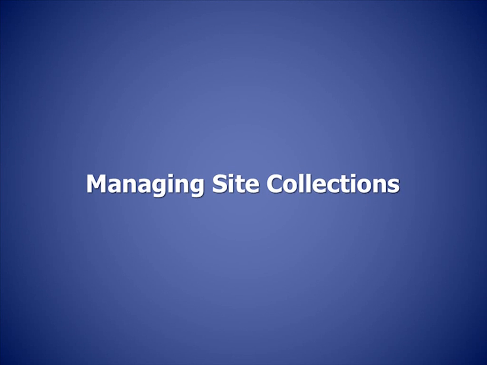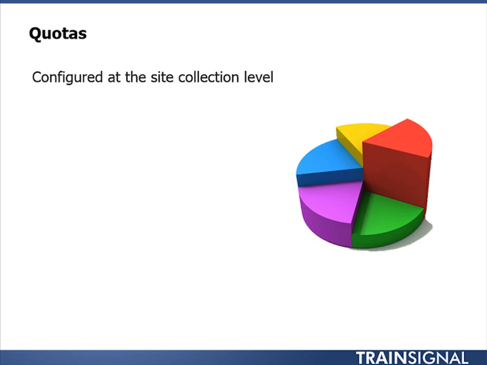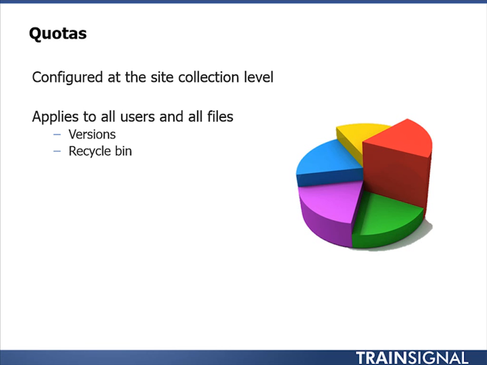Let's close this off by taking a look at some of the different things that I'm able to do at the site collection level. One of the biggest things that I'm able to do at the site collection level is enable quotas. Quotas allow us to control the amount of space that's going to be taken up in an entire site collection by all users.